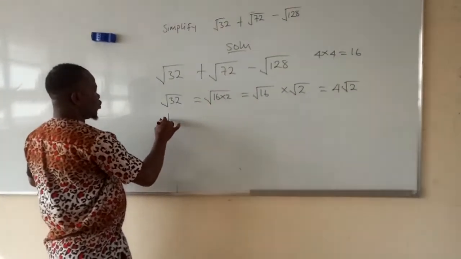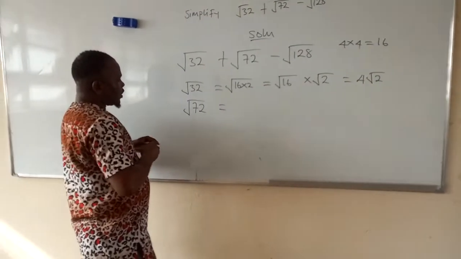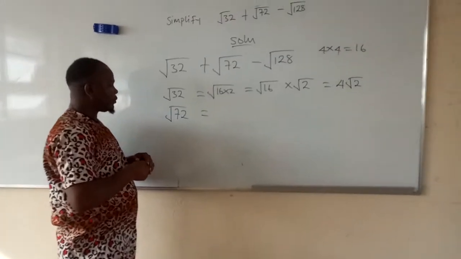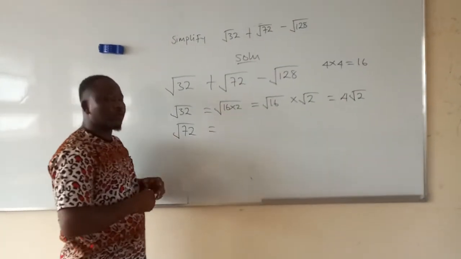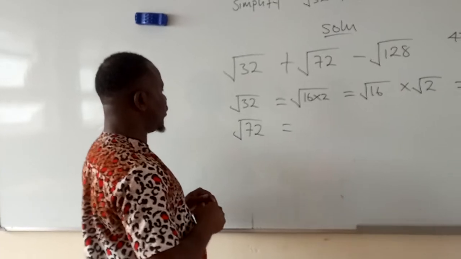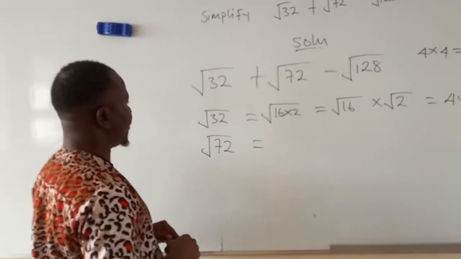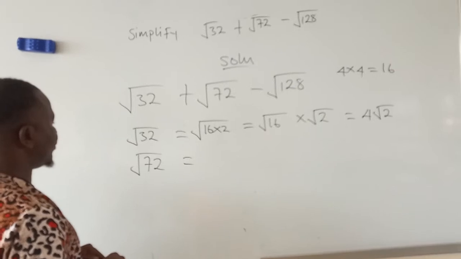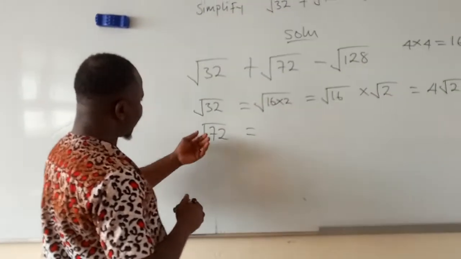72. Square root of 72. Let us think of numbers where one will be rational and the other one will be irrational. So if you agree with me, let's think of numbers. Think of two numbers.